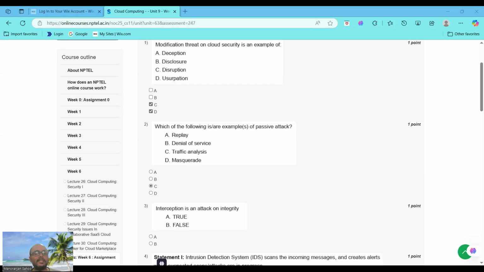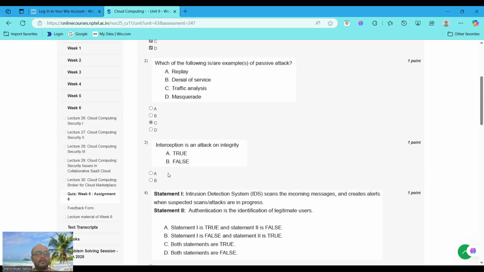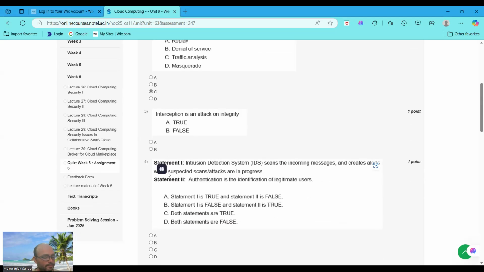So traffic analysis is a classic passive attack, where attackers observe communication patterns and infer sensitive details. Replay and masquerade are active attacks. So traffic analysis is an example of a passive attack, and option C would be the right answer. Moving to question number 3.